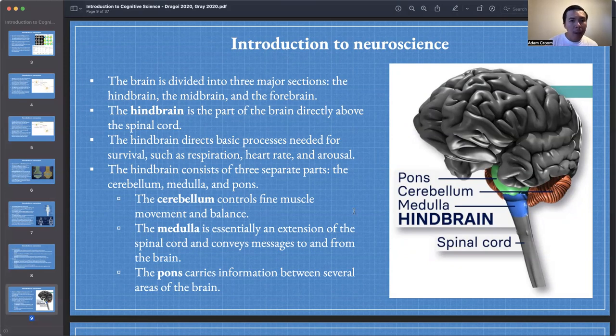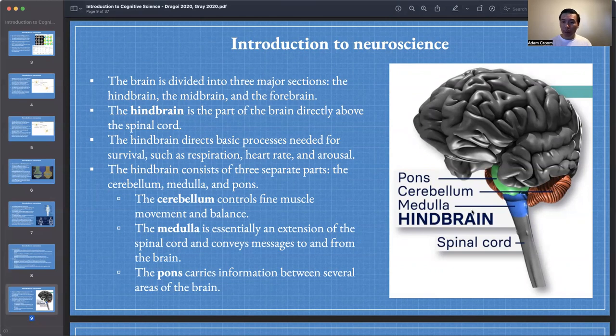The hindbrain directs basic processes needed for survival, such as respiration, heart rate, and arousal. The hindbrain consists of three separate parts: the cerebellum, medulla, and pons. The cerebellum, which we see back here, controls fine muscle movement and balance.